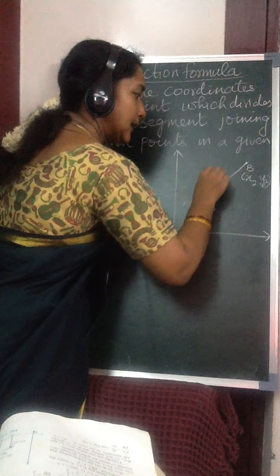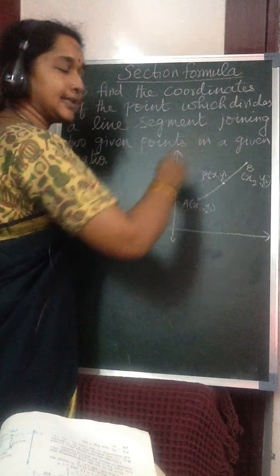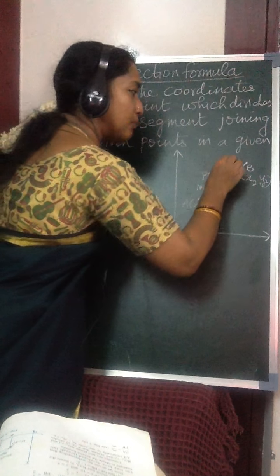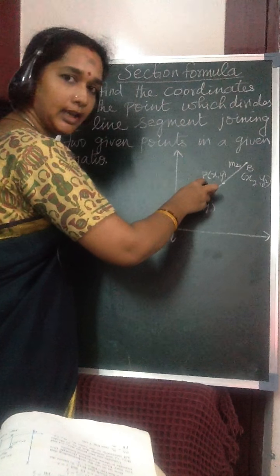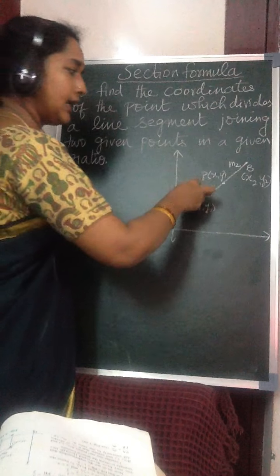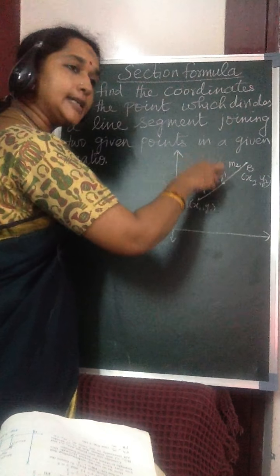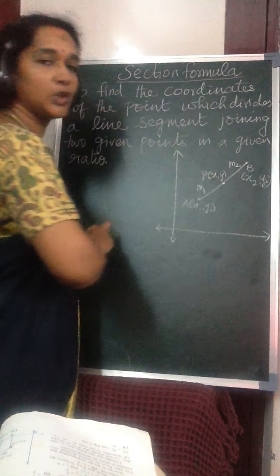P x comma y. So this P is dividing this line segment internally in the ratio M1 is to M2. The point is inside the line, so internally it is dividing the line segment AB in the ratio M1 is to M2.